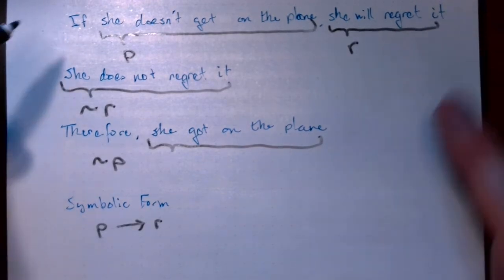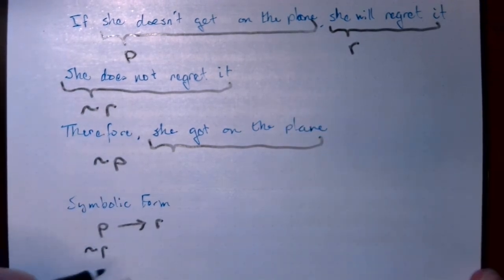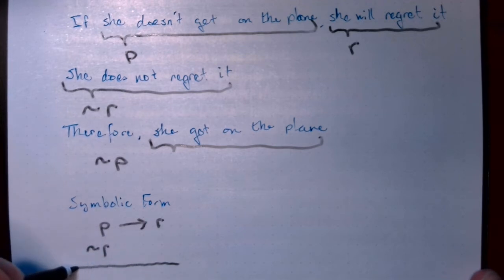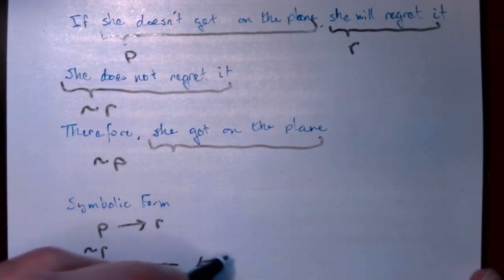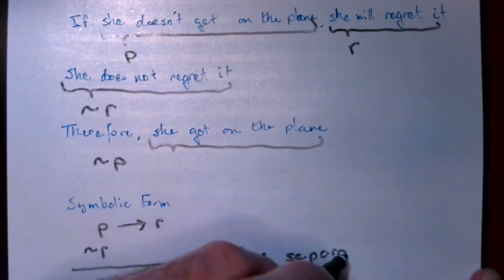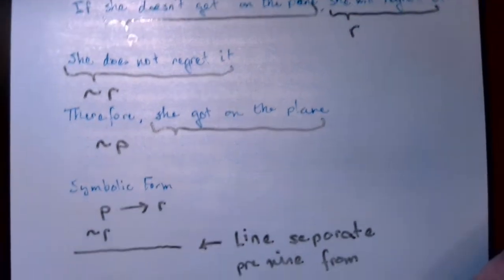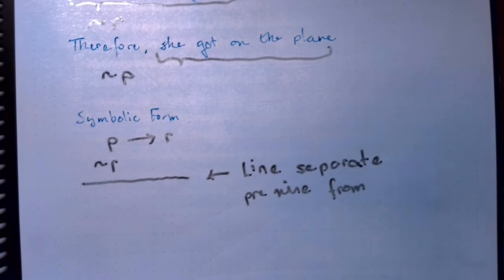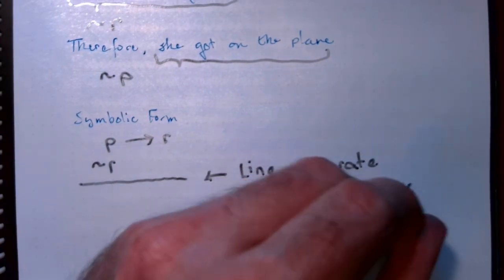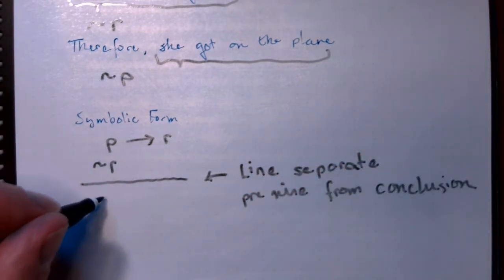The next premise is she does not regret it, so not R. Okay, and we use this line to separate the premise from the conclusion. And the conclusion was not P.